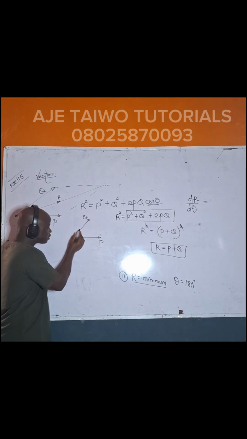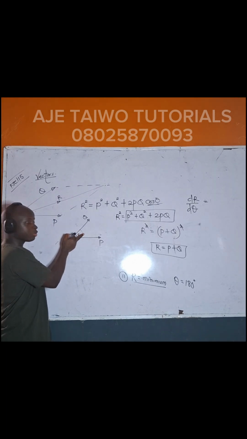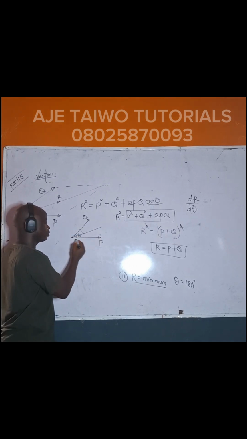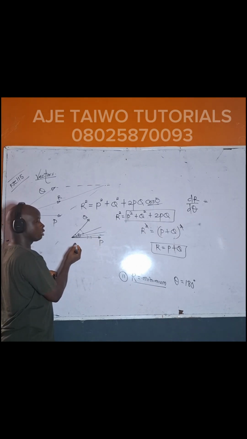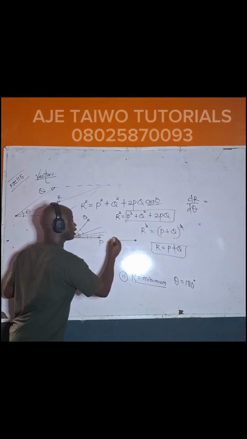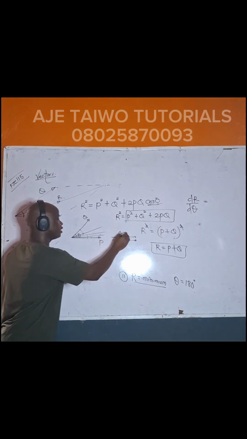If you close this angle, theta reduces. If you bring this line down, theta reduces. Bring it further down, theta reduces more, until it lies here. That means P and Q lie on each other. This is when theta is 0.